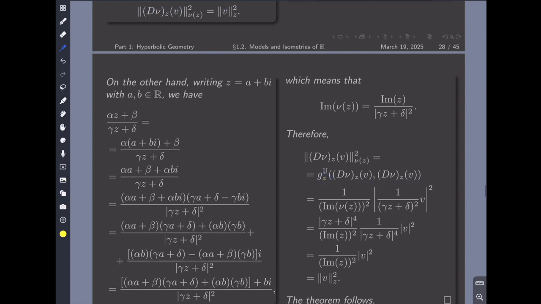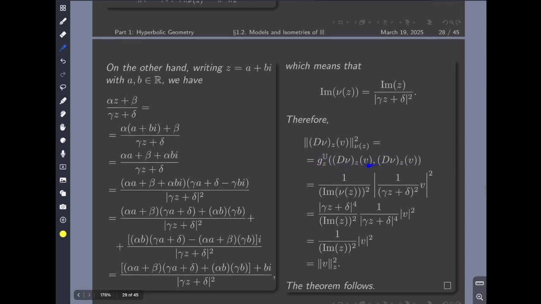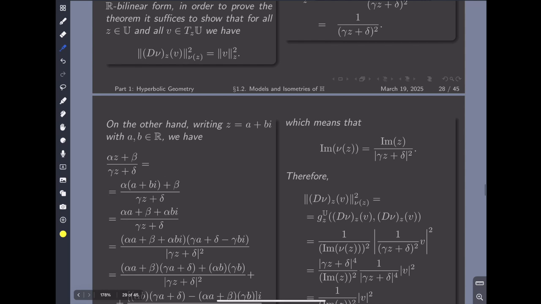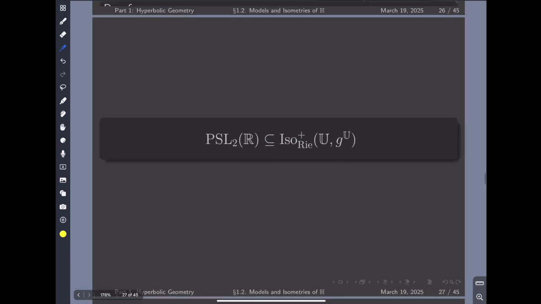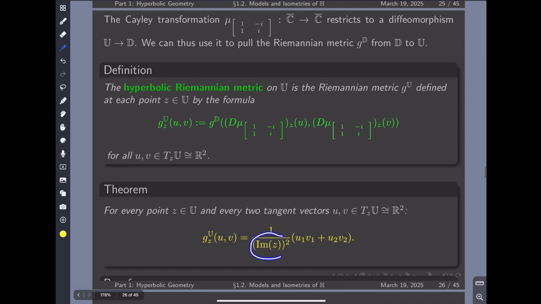You are seeing it, right? So I take v, I multiply it with this, and then the norm squared comes from the fact that there is a part that is just the usual dot product, and then the rescaling. Let me go back here.